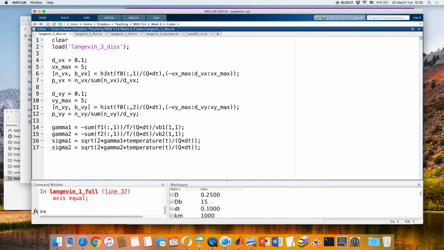Then what I do is make the histogram of F0 divided by Q times dt. What this is showing is the average momentum divided by the time it took to get that momentum. And what is this?